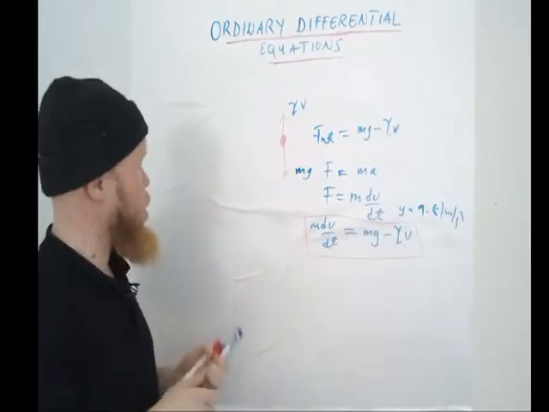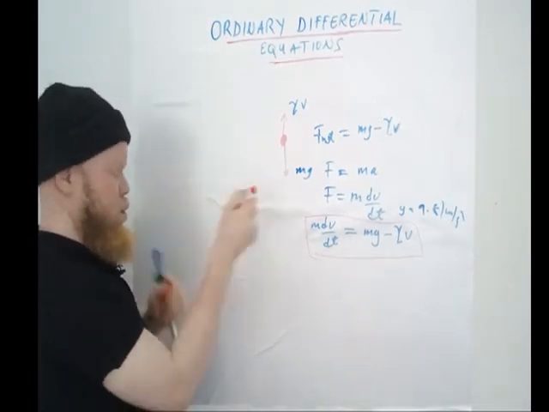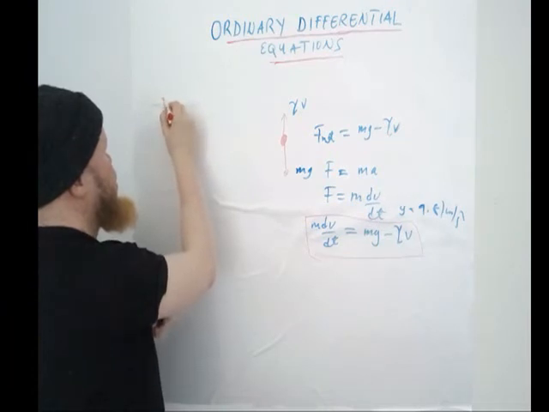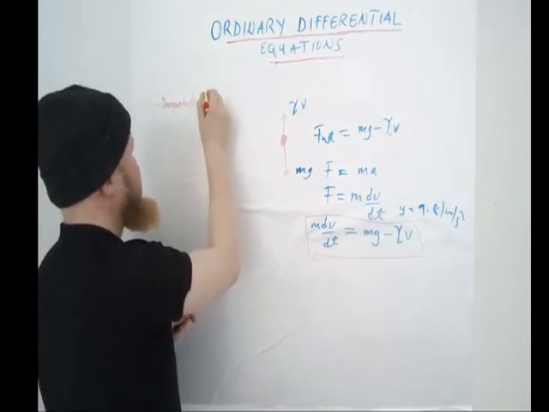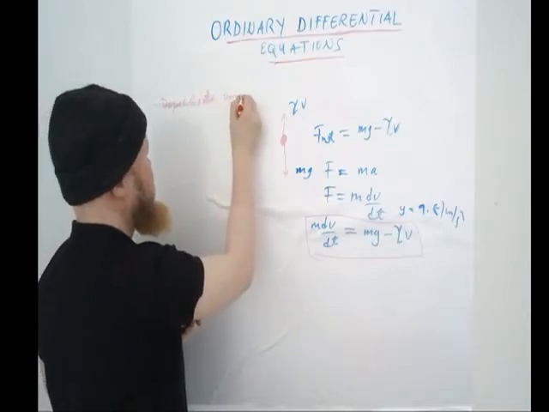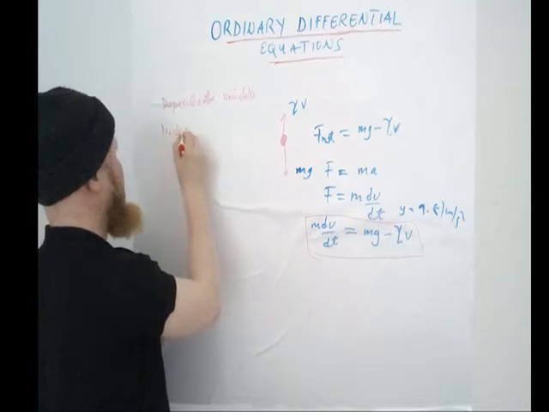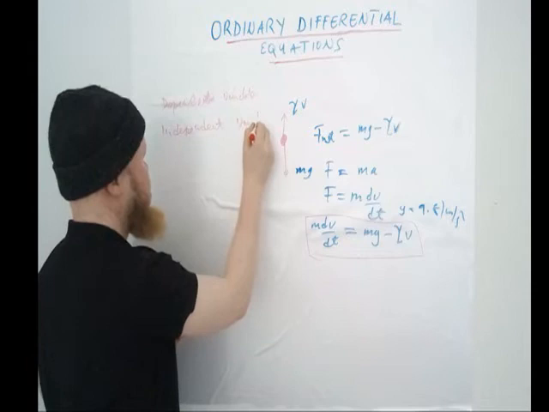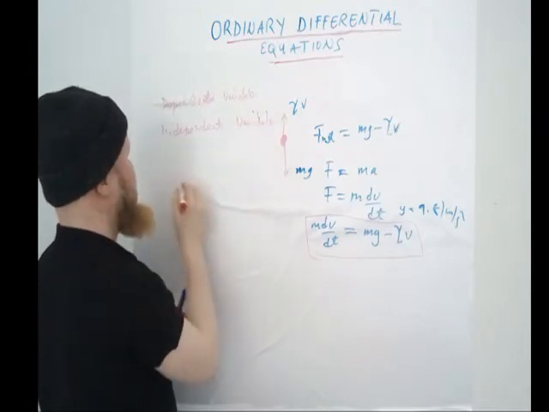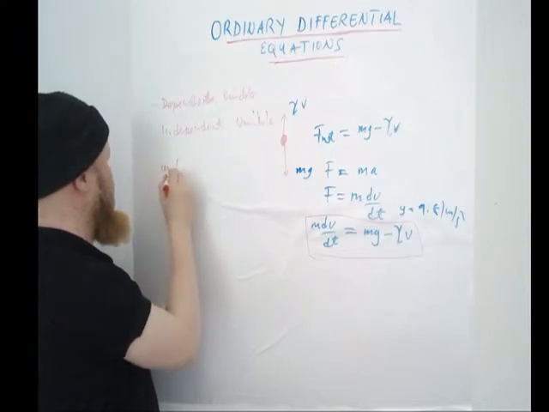So you have to know what a dependent variable is, and what an independent variable is, and you should also know what an unknown function is.